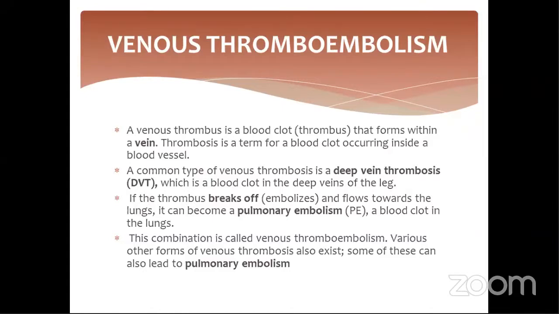If the thrombus breaks off and flows towards the lungs, it becomes pulmonary embolism. So this combination is called venous thromboembolism. Various other forms of venous thrombosis also exist, but some of these can lead to pulmonary embolism.